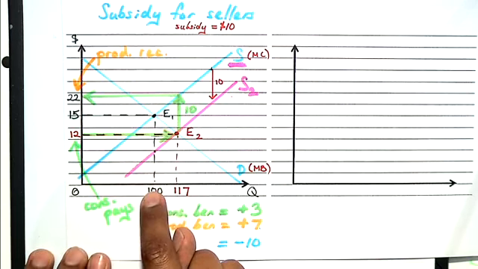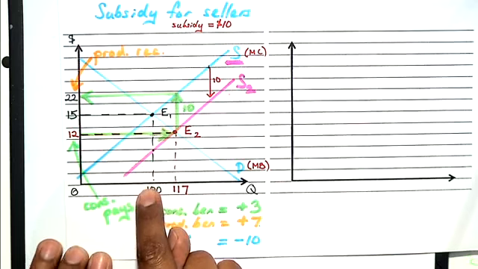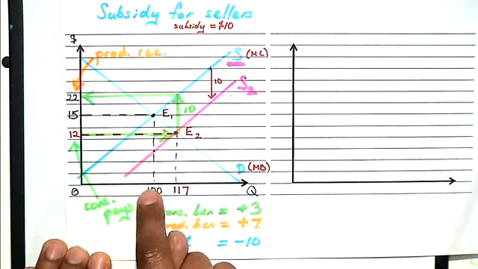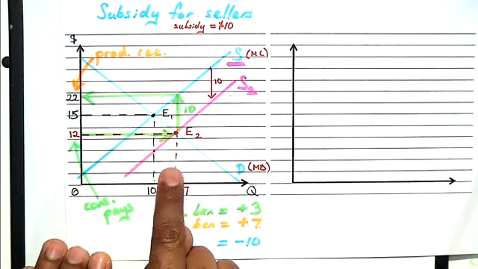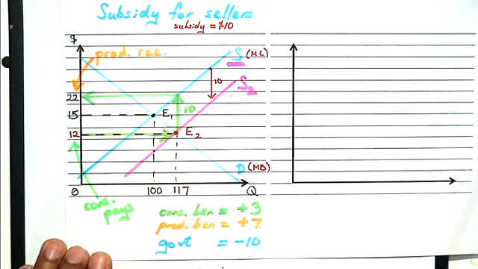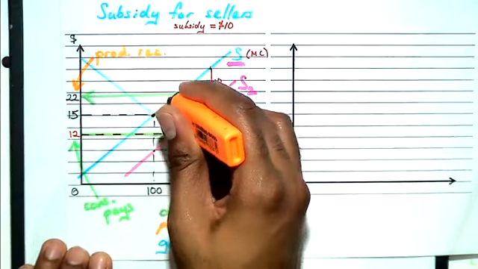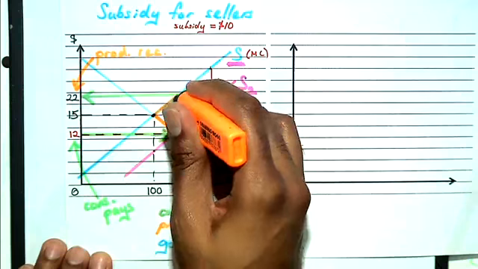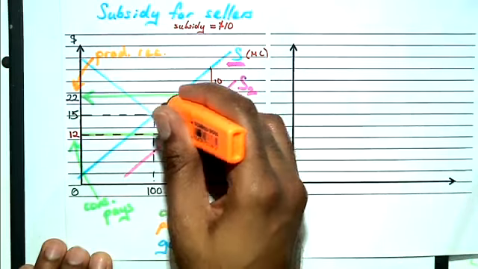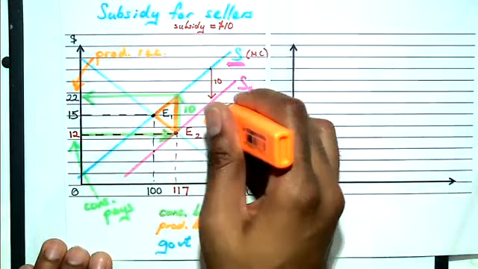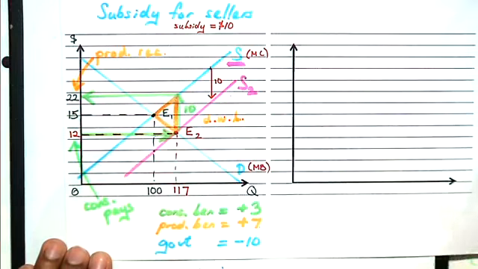Because the subsidy has resulted in over or underproduction. The subsidy is causing overproduction, so our deadweight loss is this triangle on the right.